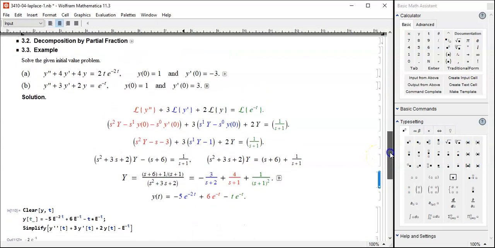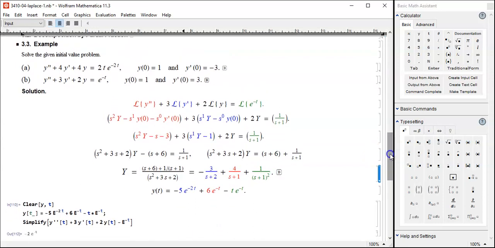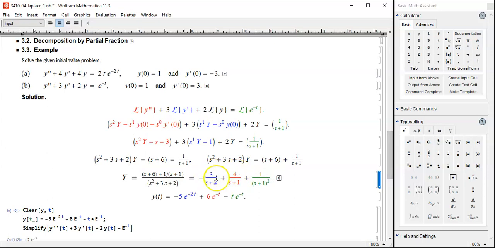So if I go over and get all those Laplace inversions done, this is the same except that the coefficient is now 3. This is the same except the coefficient is 4. This one, we have to change into plus.